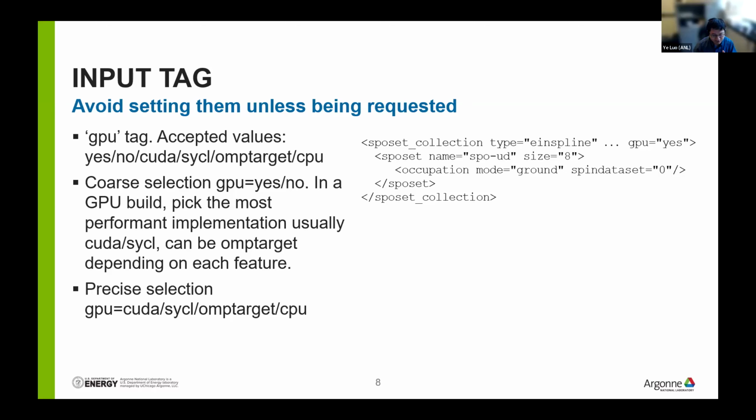For example, an adjuster factor. If we have a question about the one-body adjuster implementation, we might ask you to set GPU equal no to rule out the possibility that the issue comes from the one-body adjuster GPU acceleration. Just to let you know it does exist, but again, avoid setting it unless requested.